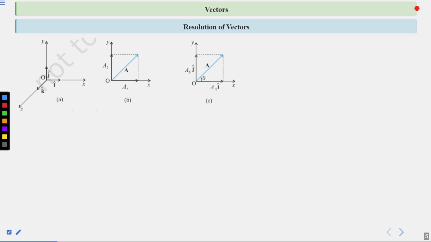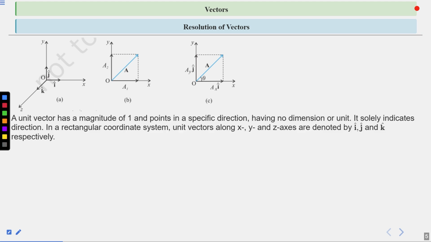Now suppose we have a three-dimensional space, or we can say x-axis, y-axis and z-axis. A unit vector has a magnitude of 1 and points in a specific direction. A unit vector has no dimension, or we can say it is a dimensionless quantity.